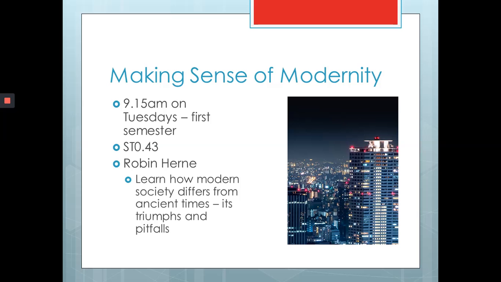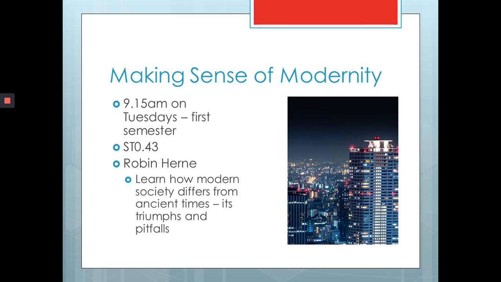And that led to a lot of changes in society. So part of the modernity module is looking at life in cities, life where instead of being in a small village where you know everyone's name, you live in a city of tens of thousands, maybe hundreds of thousands, maybe even millions of people, and you hardly know anyone.